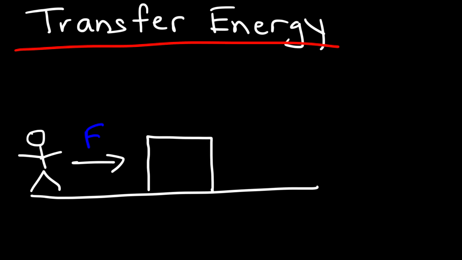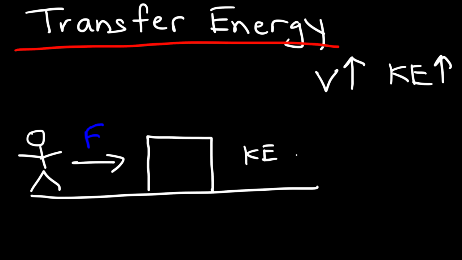So what's really happening here? As the person pushes, the block will begin to accelerate, which means that its velocity will change. So if the block is at rest, the velocity is now increasing, which means that the kinetic energy of the object is going up. Now, in order for the kinetic energy of the object to increase, that means that the person has to be expending energy to do so.